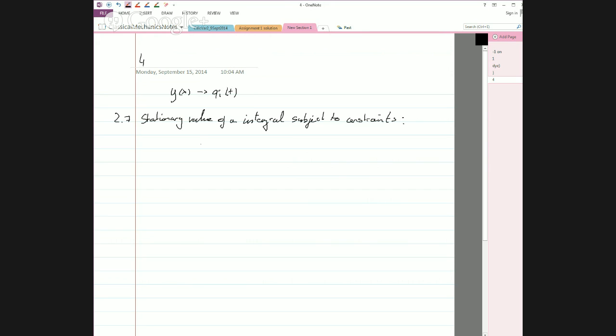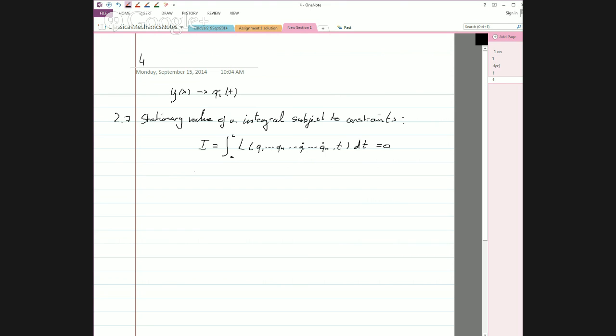So again, we have the integral I of L with q1 through qn, q1 dot through qn dot, t, dt equal to 0, subject to the constraints.